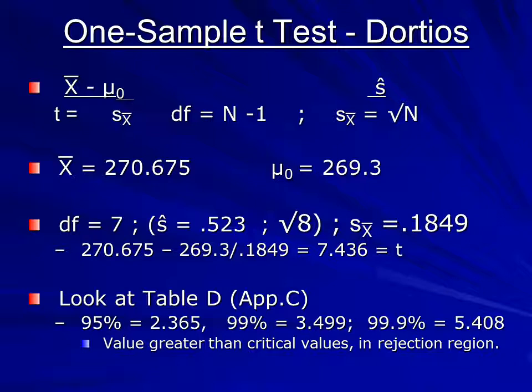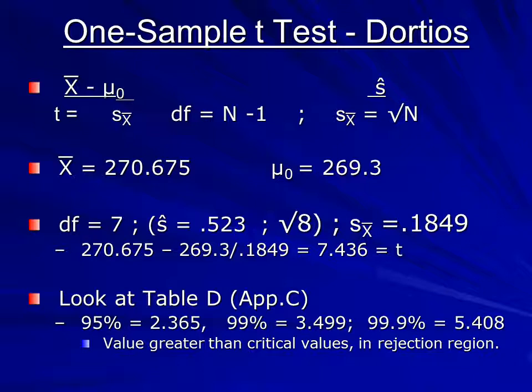If you're going to draw that on a data distribution, it's almost like standard deviations. You put 2.365 right there and say, all right, that's the 0.05 level. Then you go out to the 0.01 level, which is the opposite of 99. You've got 3.499, and again you're still in that degrees of freedom 7 row.